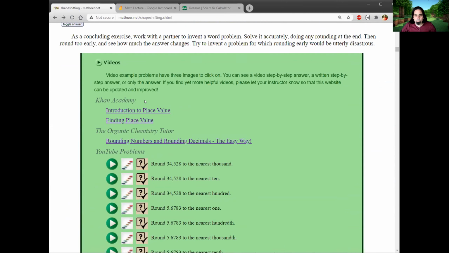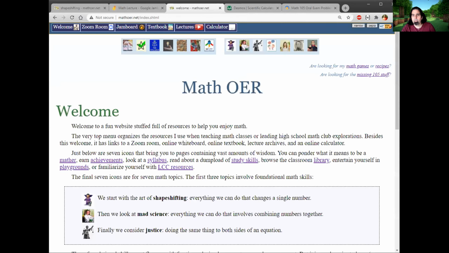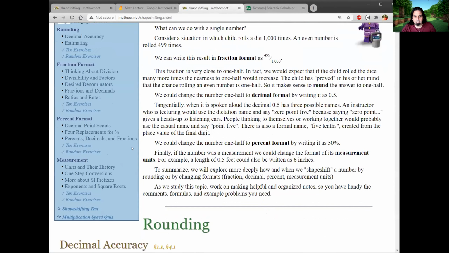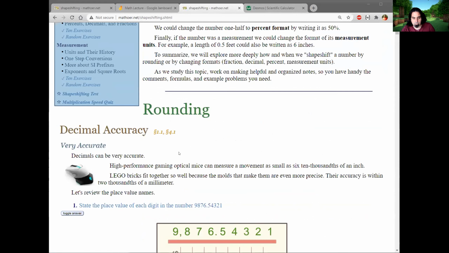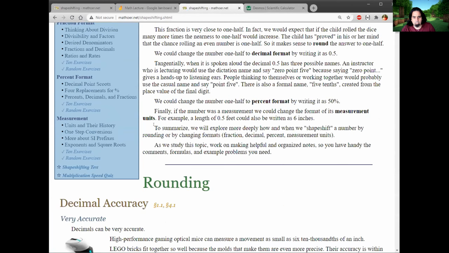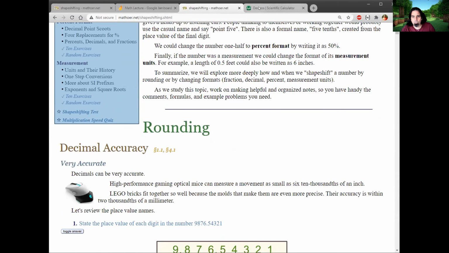There's some videos. We also could go to the textbook. When I first looked at rounding, decimal accuracy was the first part, and it said 1.1 and 4.1.